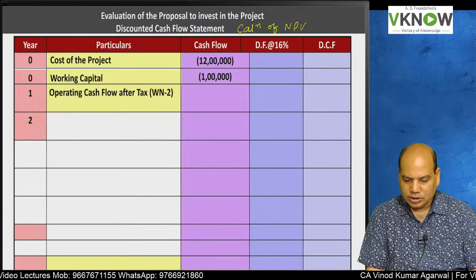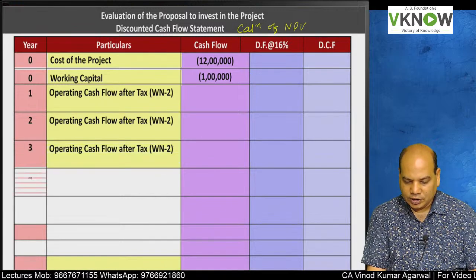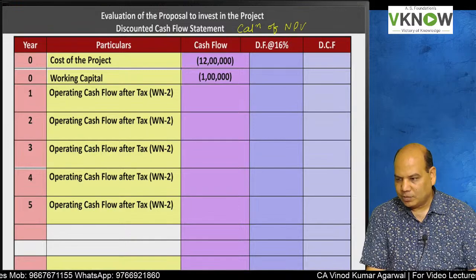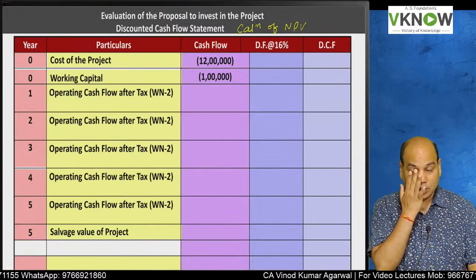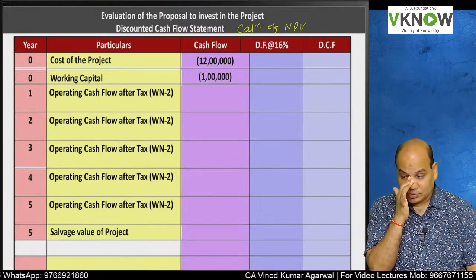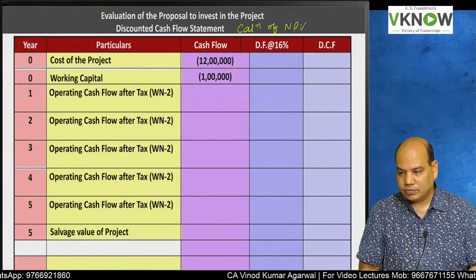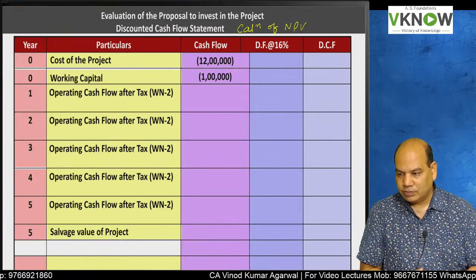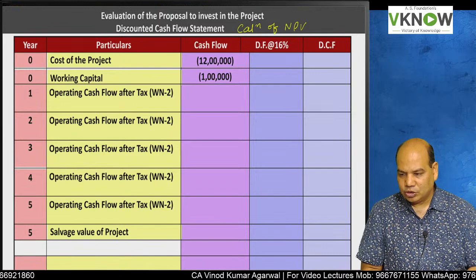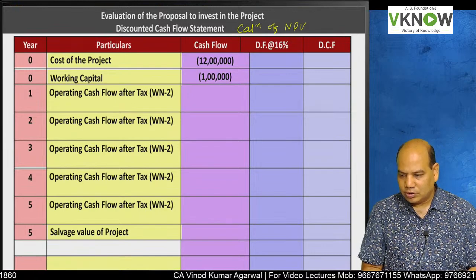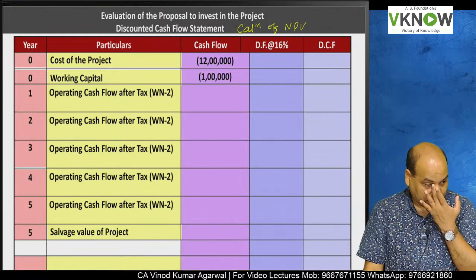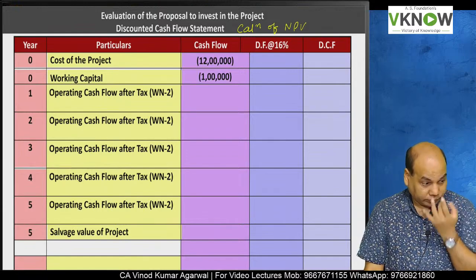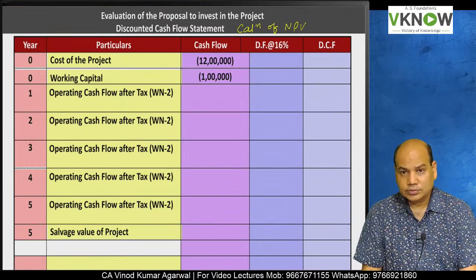And then write down CFAT, operating CFAT. I'll prepare a second working note for that. First working note will be working capital requirement in nominal terms. Second working note will be CFAT, working note 2. Then write down year 5, one more cash flow: salvage value of the project.